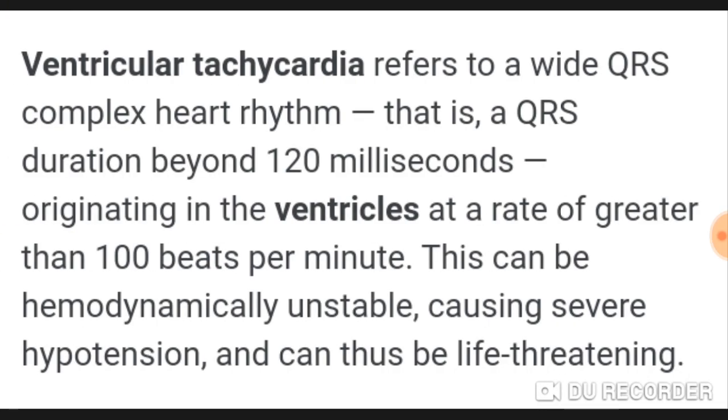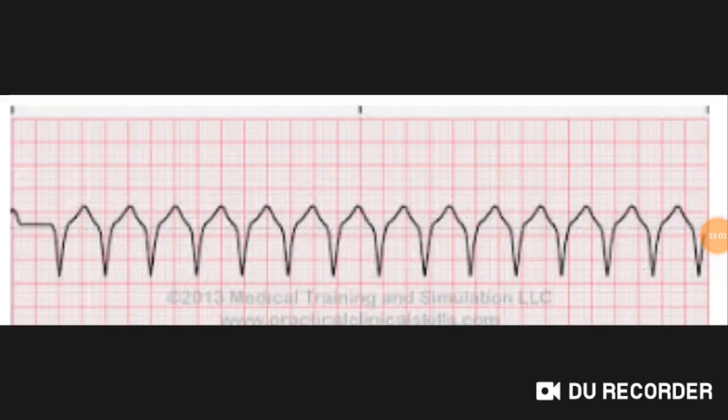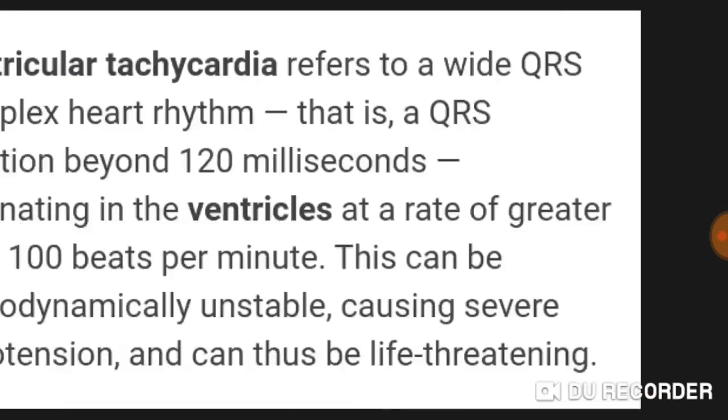It refers to a wide QRS complex heart rhythm, that is a QRS duration beyond 120 milliseconds, originating in the ventricles at a rate of greater than 100 beats per minute. This can be hemodynamically unstable, causing severe hypotension, and can thus be life threatening. So guys, revise this again. This is ventricular tachycardia.